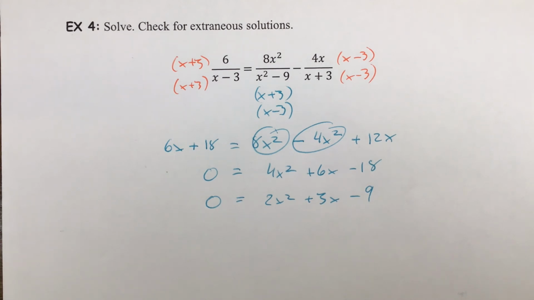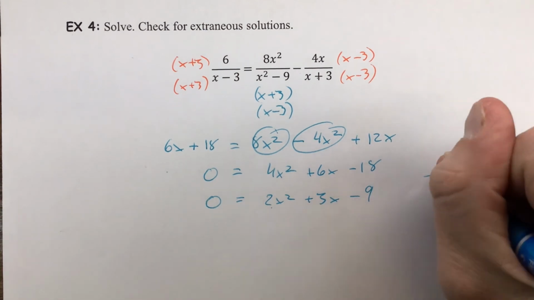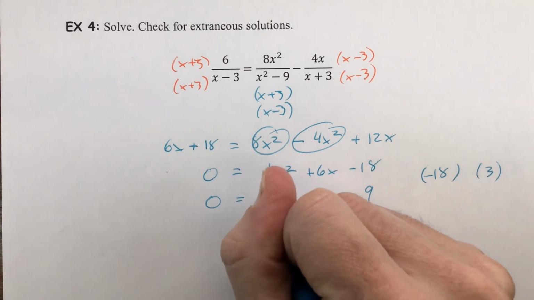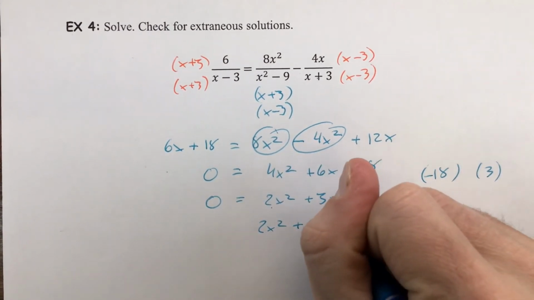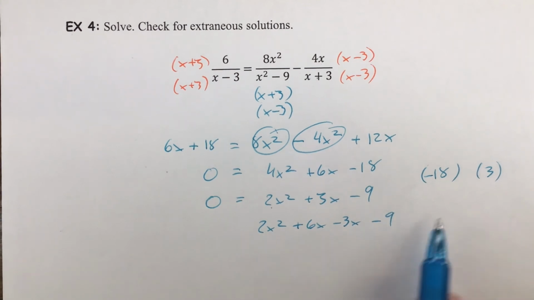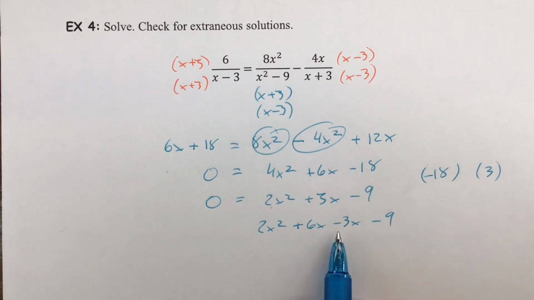Factoring by parts. What multiplies to give us negative 18 and adds to give us a 3? That would be positive 6 and negative 3. Their product is going to be the negative 18, but they add to give you a positive 3.